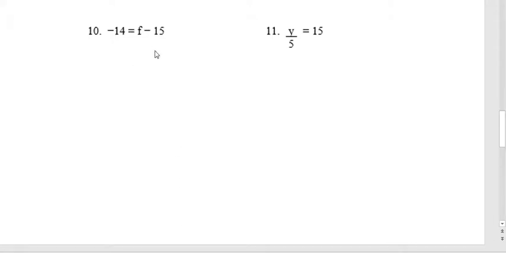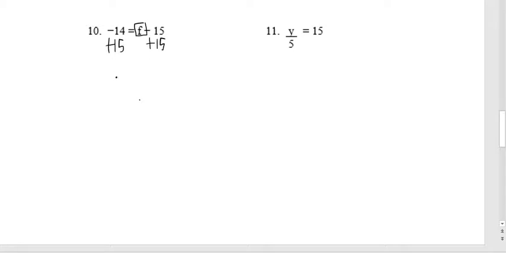On question number 10, we're asked to again solve a one-step equation. So in order to do that, we need to isolate this variable f. We need to get the f by itself. So right now, this is f subtract 15. If we want the f to be all by itself, we have to get rid of the subtract 15 by doing an add 15.